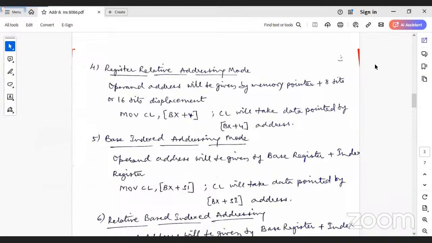And after adding, from whatever value you get, from that location the data will be picked up and it will be copied into the CL register as per this example instruction which is given there. So it is register relative. Relative means you are adding some more bits in that.